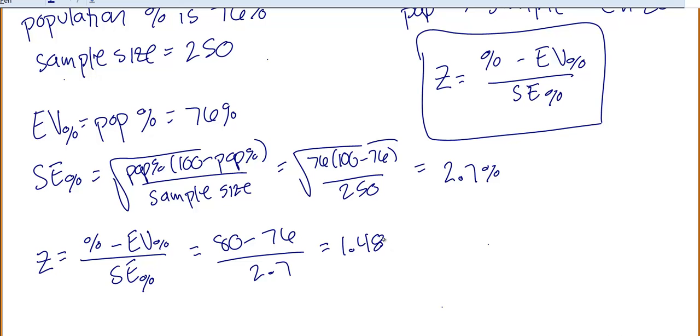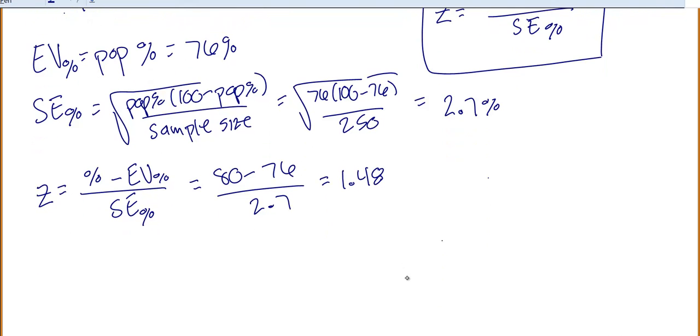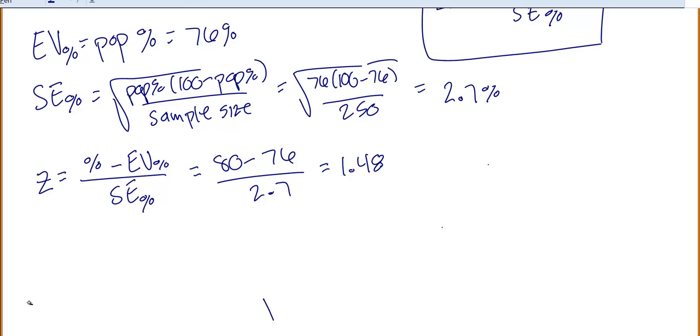So Z is 1.48. So I always draw a pretty picture. Now, which direction do I want to shade and why?